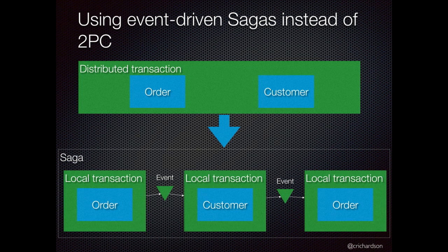So each service will execute a step of the saga and publish an event, which will then trigger another local transaction in some other service, or possibly within the same service as well, if you wanted to adhere to the rule of one aggregate per transaction in a strict sense. And so a distributed transaction gets replaced by this saga that is a sequence of steps.